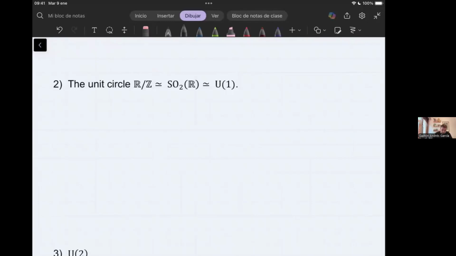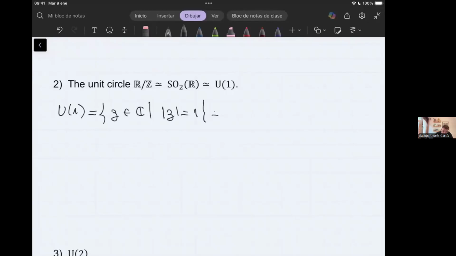The first one is, okay, the circle group is just, if you look at it as complex numbers, the complex numbers of module 1. So if I describe this set like this, I will write it as U1. So U1 is the set of complex numbers such that they have module 1.